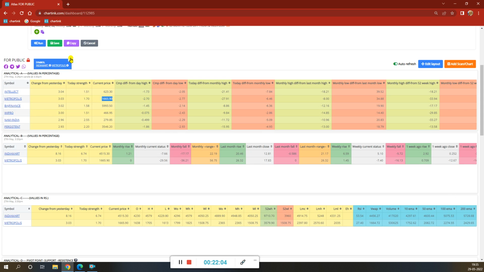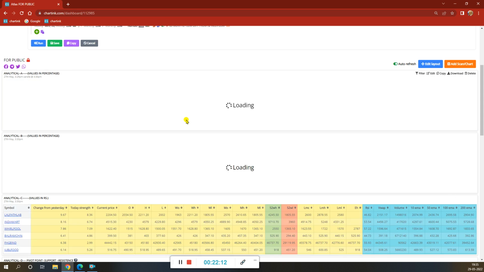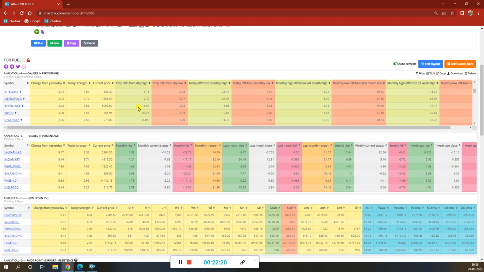This way we can figure it out. This becomes very easy for us to figure out if the stock is falling from the top in intraday or not.